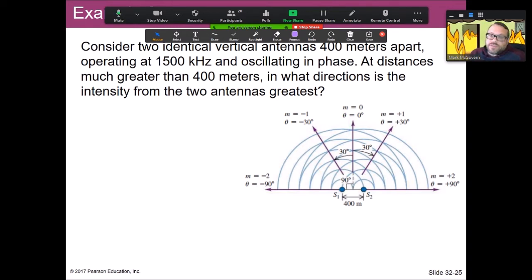As we can see here, straight on a bisecting axis, we have constructive interference. Makes sense, right? Because path length difference is the same. We have an m equals 1 at 30-degree angles, and we have m equals 2 at 90-degree angles here. Okay. So that's the patterns there. And we want to figure out in what direction is the intensity from the two antennas the greatest, right? So let's do this problem.